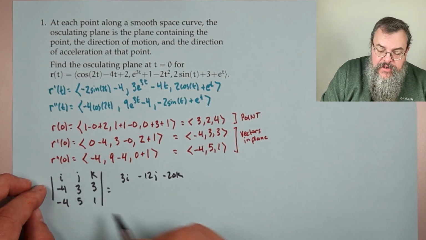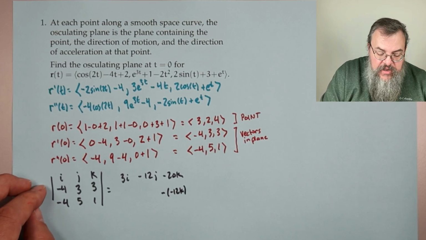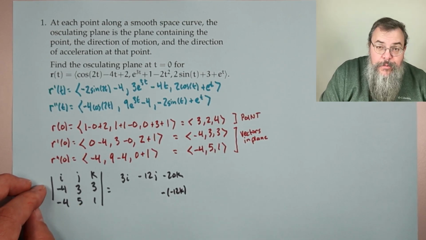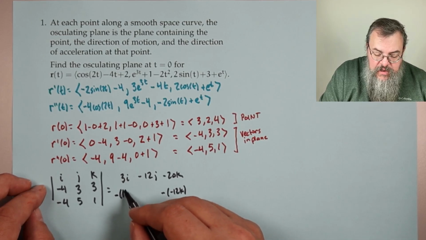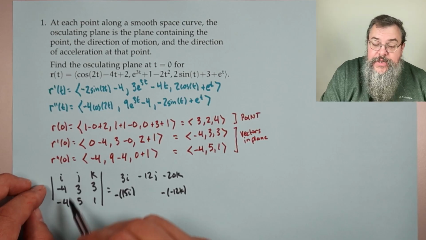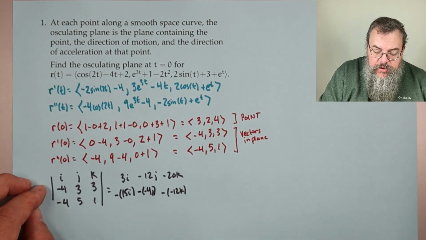But remember, you have to subtract that value. So we're subtracting negative 12k. 5 times 3 times i, 15i, but we subtract that, so minus 15i. 1 times minus 4 times j, that's minus 4j, but we are subtracting minus 4j.